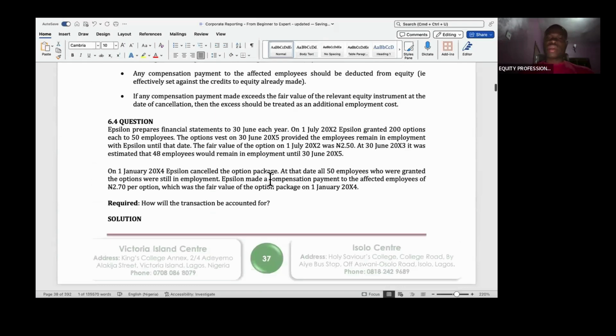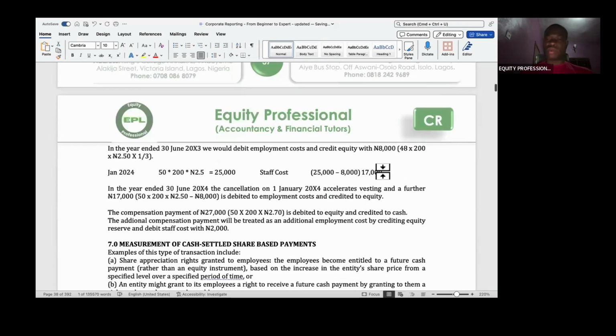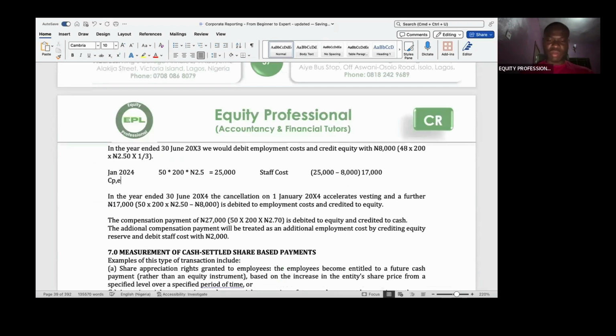Now, the employer says, okay, I'll pay compensation, but I'm going to pay 2 naira 70 kobo per option. So how much does that lead to? Let's calculate that compensation payment.